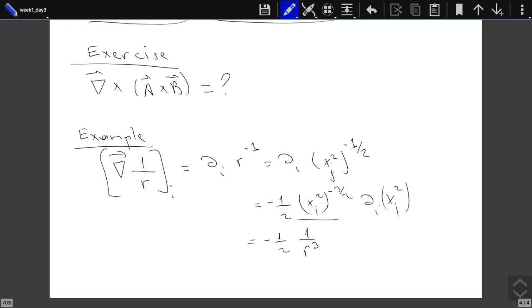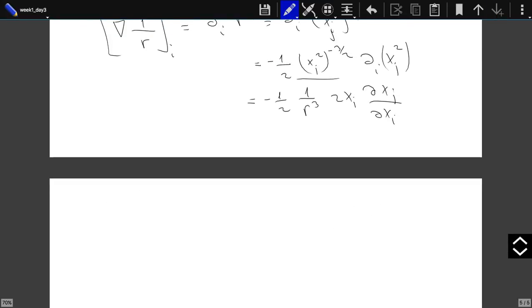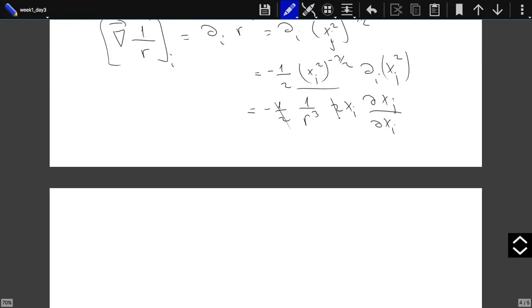Now I can take the derivative. Again, I will use the chain rule. It will be twice xj times the derivative of xj with respect to xi. These 1/2 and 2 will cancel. Let us proceed. This will be equal to minus xj over r cubed.